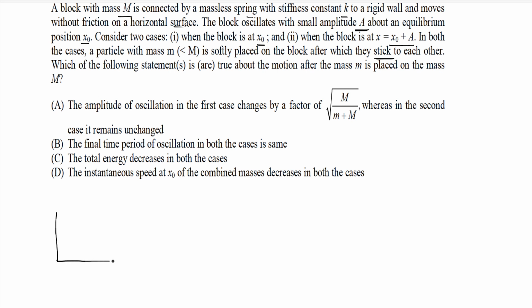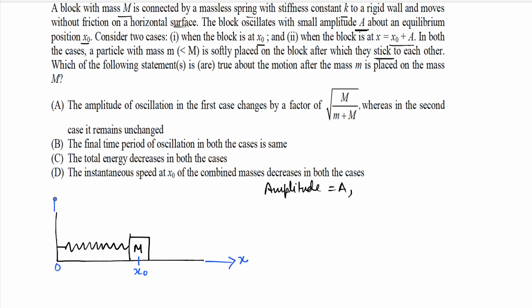So let's say this is the horizontal surface and I have a spring here and there is a mass m attached, okay? And it is oscillating with amplitude a, right? It's given for oscillation, okay? So let's pick this point as x0, okay? So let's say this is origin and this is x-axis and this is y-axis, okay?